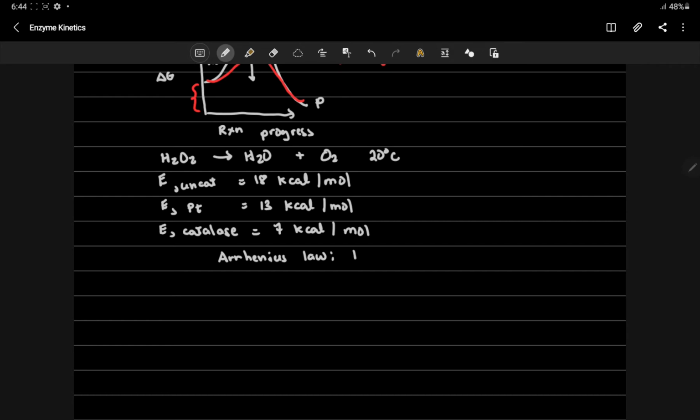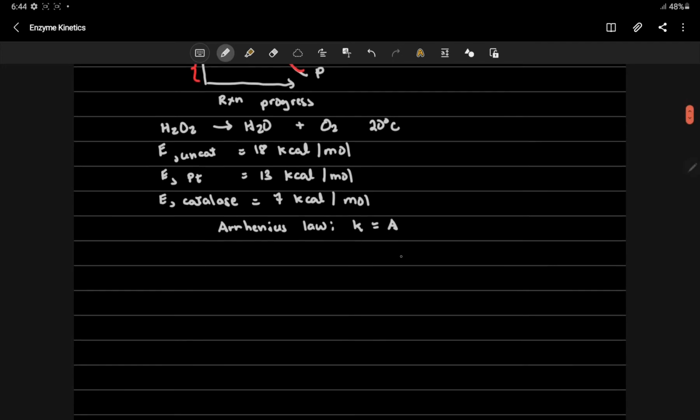So, yung relationship ni rate constant K and temperature na-establish siya ni Arrhenius. So, K is equal to A, which is a pre-exponential factor, which is related to the frequency of collisions kapag nangyayari yung reaction.